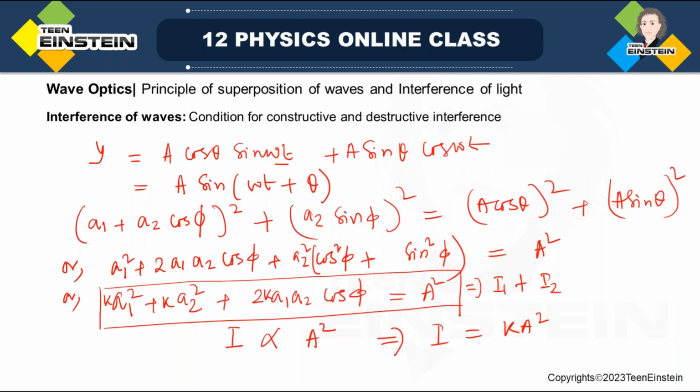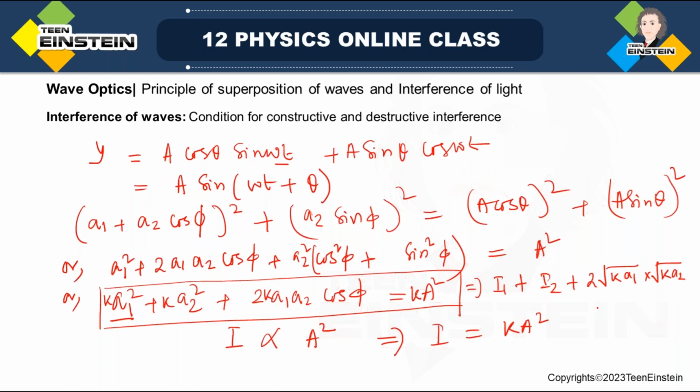This also I write k, and here also. Then I can write easily, this is k a1 square, meaning intensity of wave 1, intensity of wave 2, and this I can write 2 root over k a1 into root over k a2.